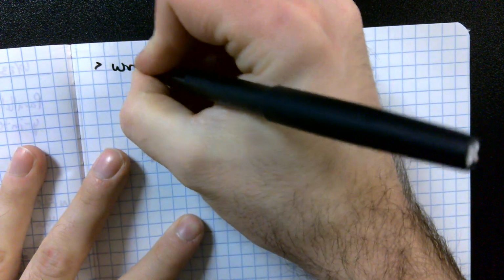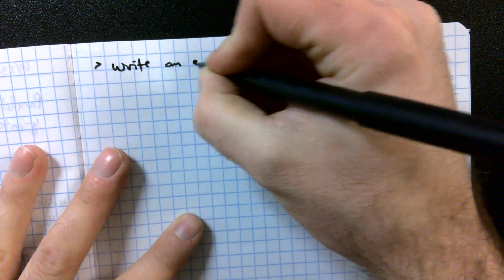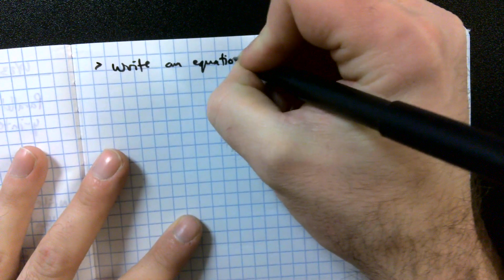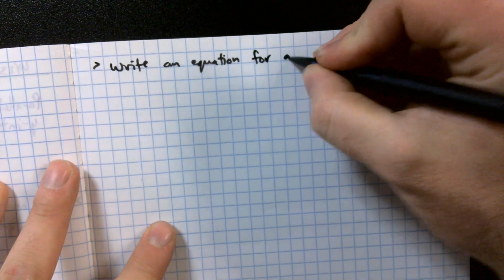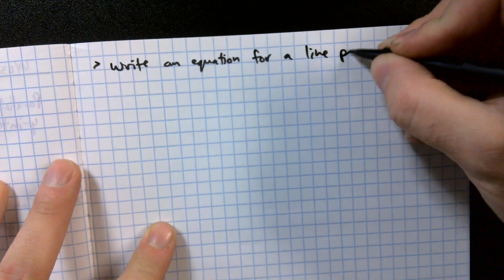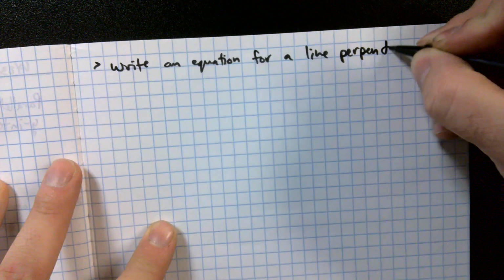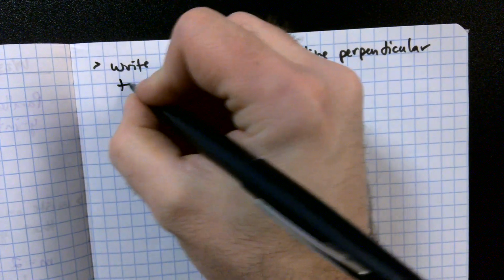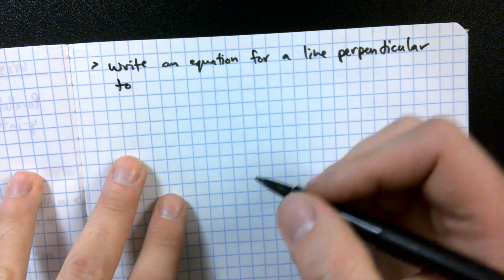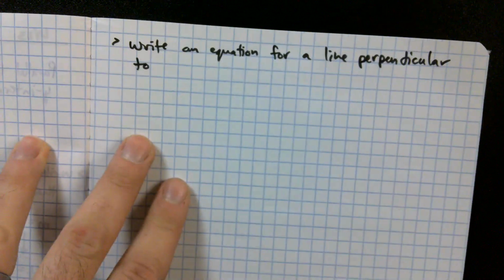So now we're going to write an equation for a line perpendicular to, why is it all crooked? There we go.